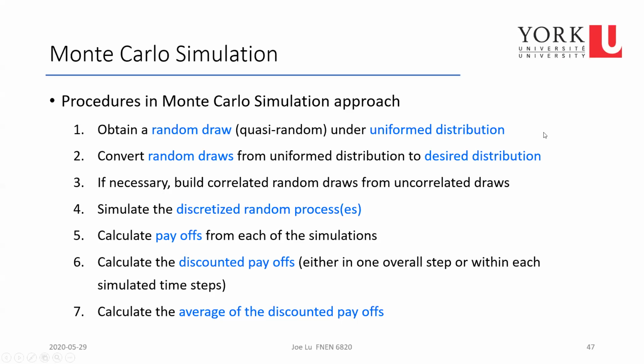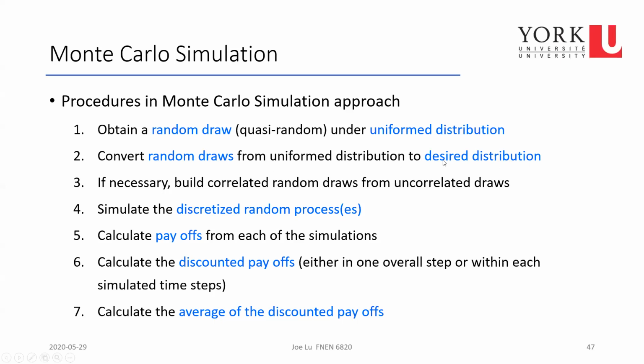And then you want to convert this random draw into your desired distribution. So if you use a normal distribution, what you're drawing out of the uniform distribution is then the number of standard deviations that you have drawn.